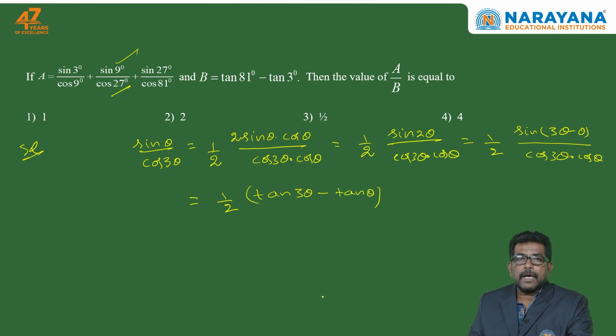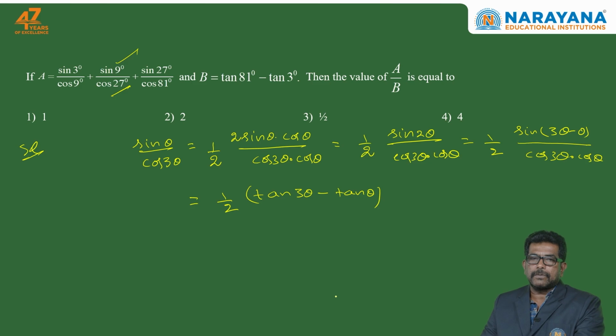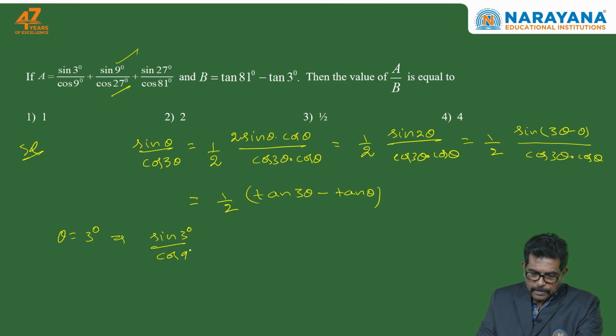So sin theta by cos 3 theta is equal to 1 by 2 times of tan 3 theta minus tan theta. By substituting theta is equal to 3 degrees, we get sin 3 degrees upon cos 9 degrees is equal to 1 by 2 times of tan 9 degrees minus tan 3 degrees.